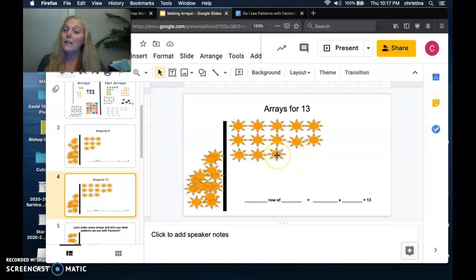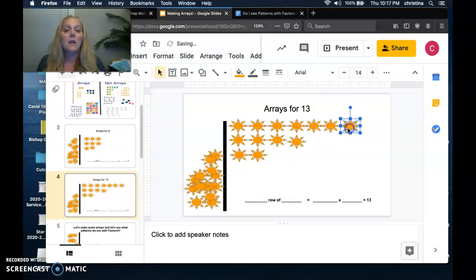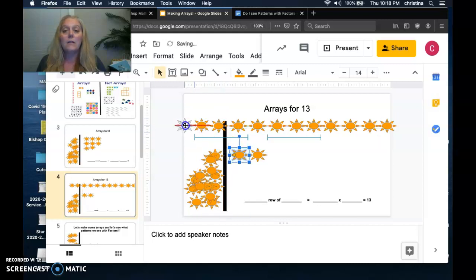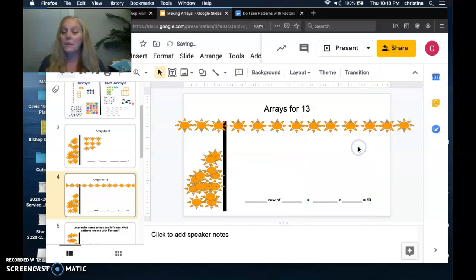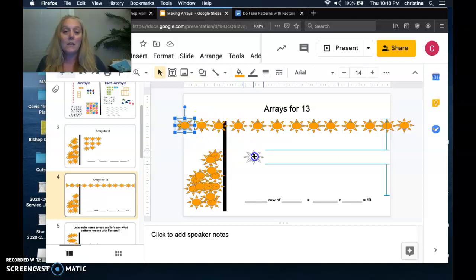Another example we did in class was the number 13, and you'll notice something very different happens with the number 13. Of course, every number can be put in a single row, because every number has factors of 1 and itself. So 13 has 1 times 13.